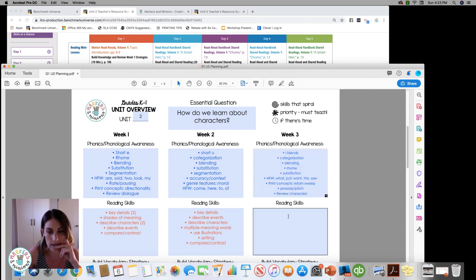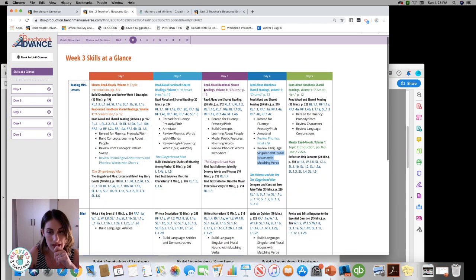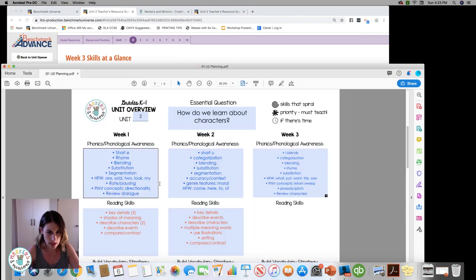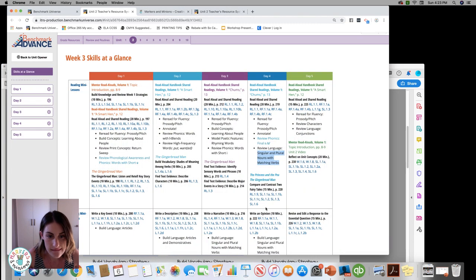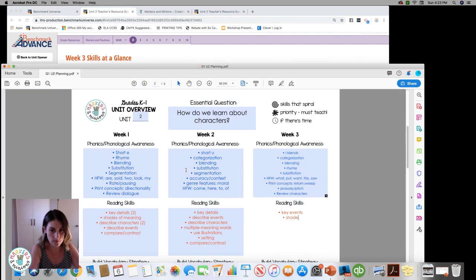Okay, now reading skills. Let's look at our gingerbread man. We've got key events, and this should be key events too. It's okay. Key events. Shades of meaning.